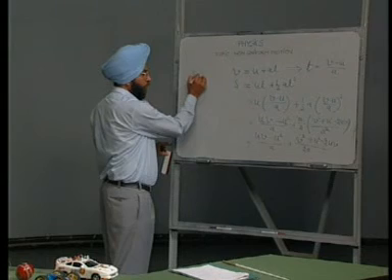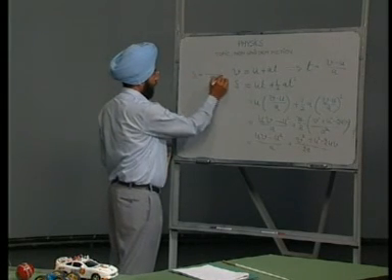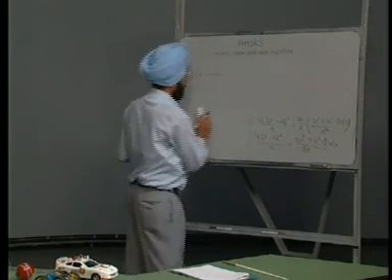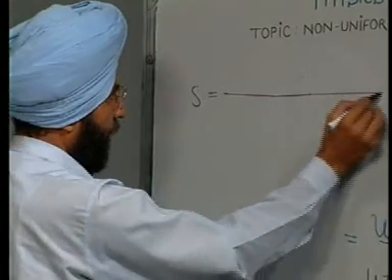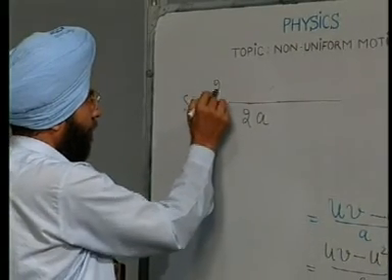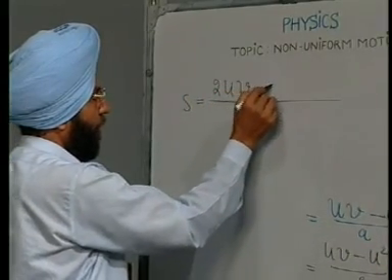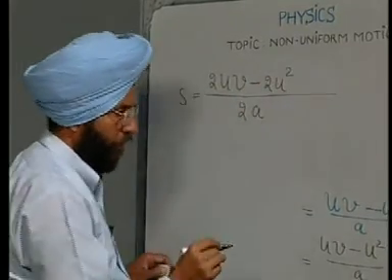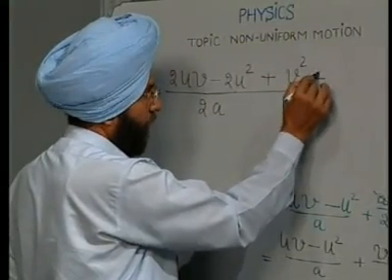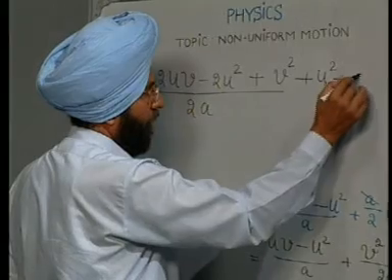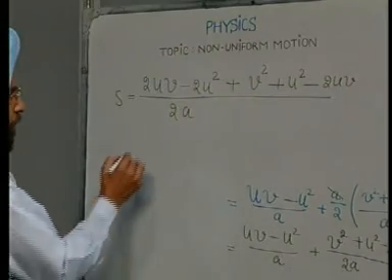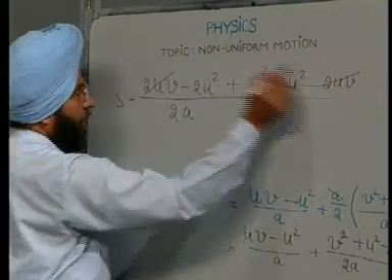So, s is equal to, we take 2 a as LCM. So, we have 2 u v minus 2 u square plus v square plus u square minus 2 u v. 2 u v gets cancelled.